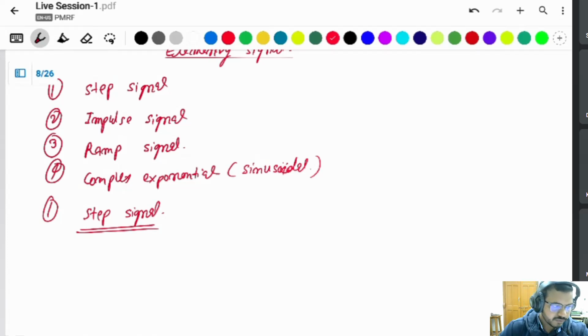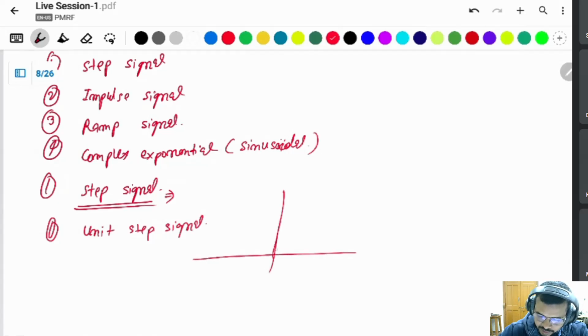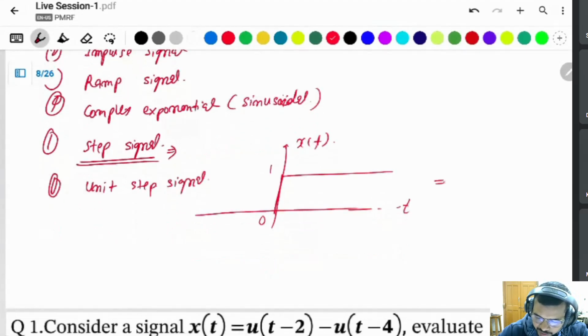Step signal. The unit step signal in the continuous domain steps from 0 to 1 at the origin, then it maintains 1 for all time. You can write this signal as u(t).